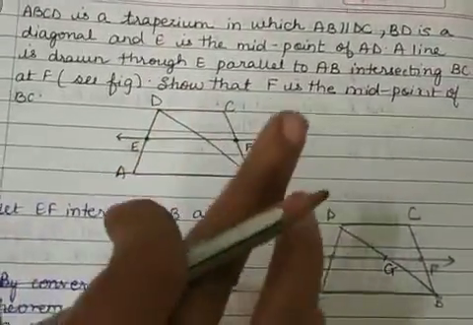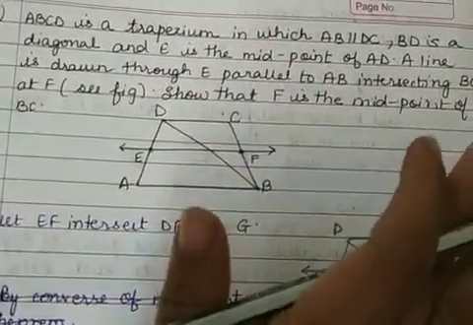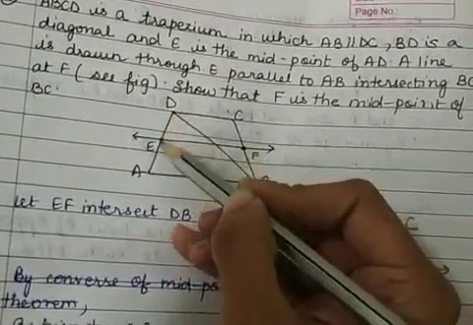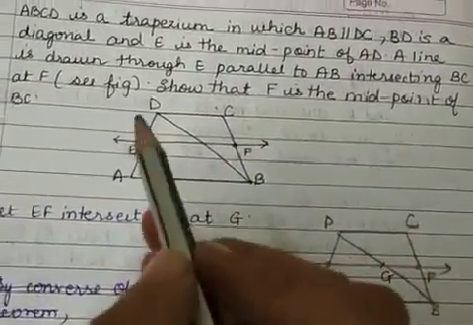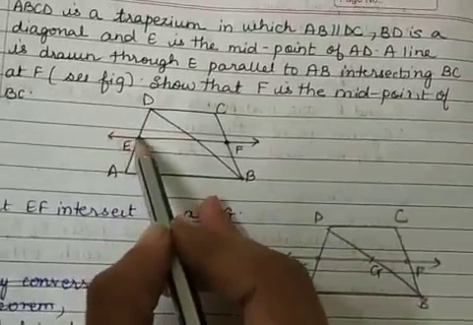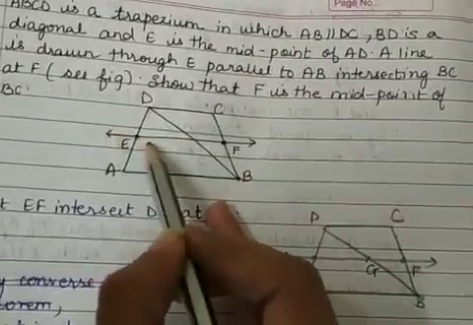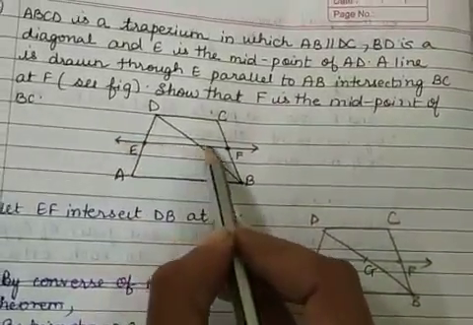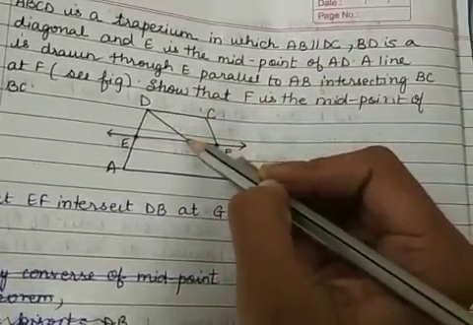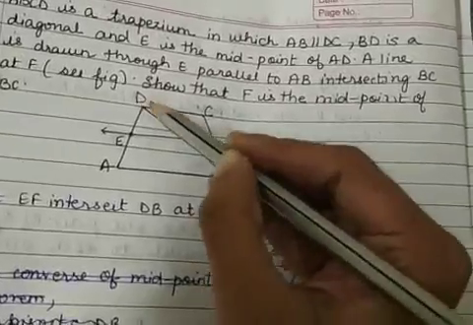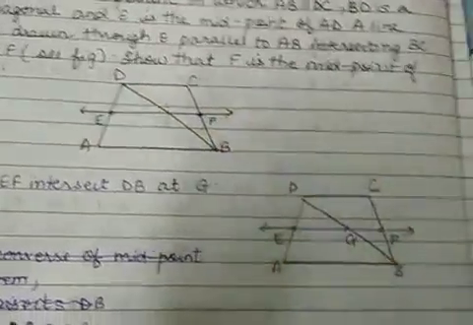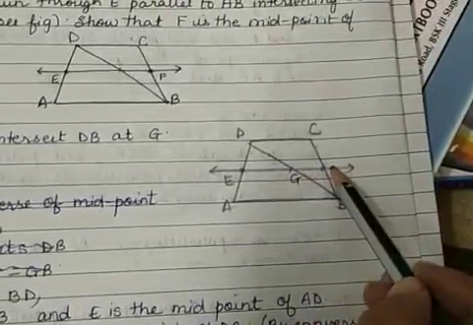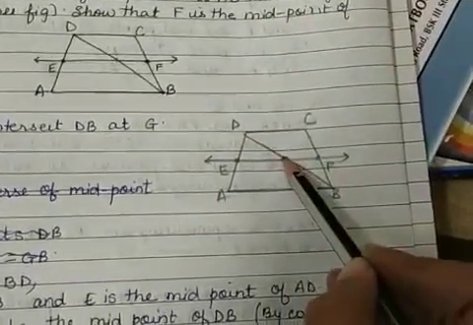By the converse of the midpoint theorem, you know that if you have the midpoint of one side, and you draw a line passing through this midpoint such that it is parallel to the other side, then this line will intersect the third side at a point which is the midpoint of this side. You know that, right? So let us say that this line EF intersects the side DB at point G.